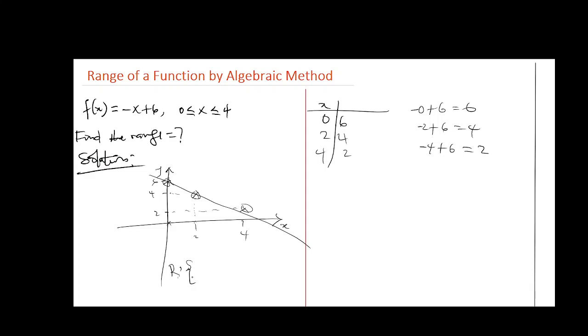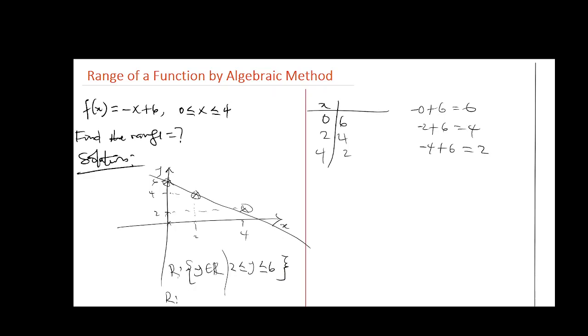The range, which are the y values, meaning y is a set of all real numbers, but y is between 2 and 6, isn't it? So we are going to have that 2 is less than or equal to y, less than or equal to 6. And that will give you the set notation.